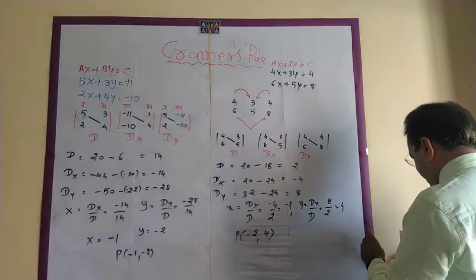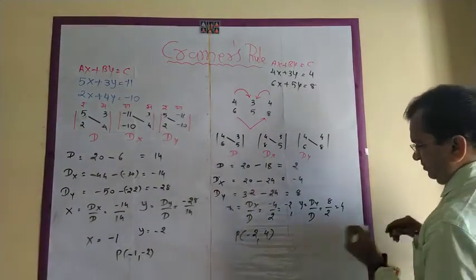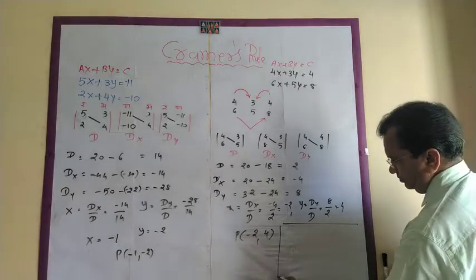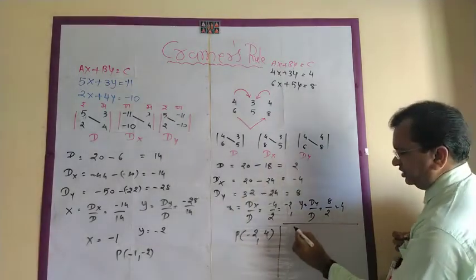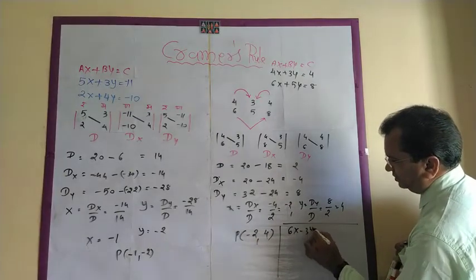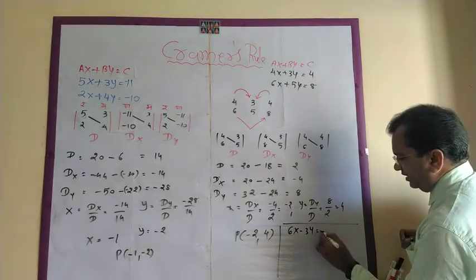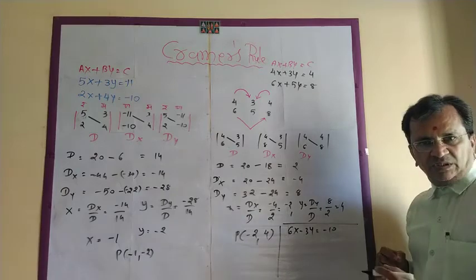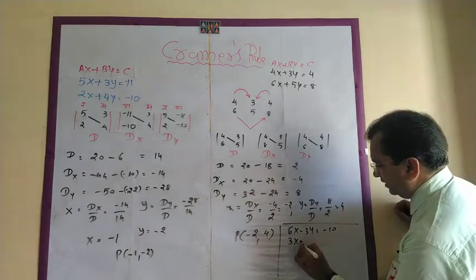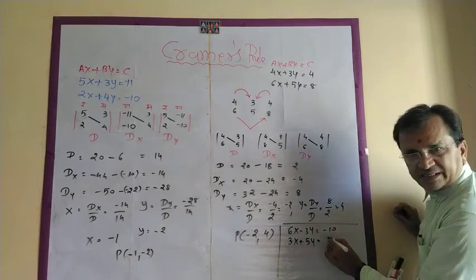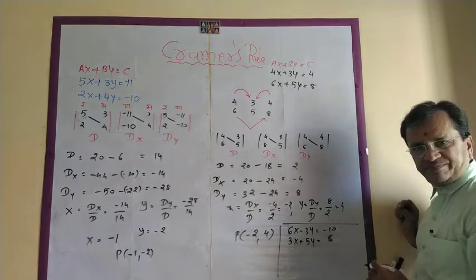Two more examples I am giving you for homework. Try this: 6x minus 3y is equal to minus 10, 3x plus 5y is equal to 8.